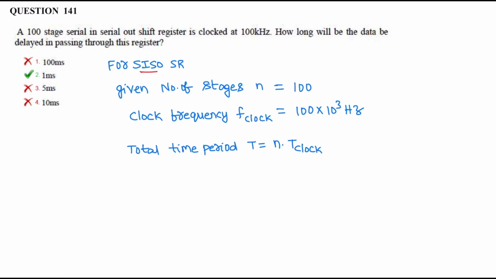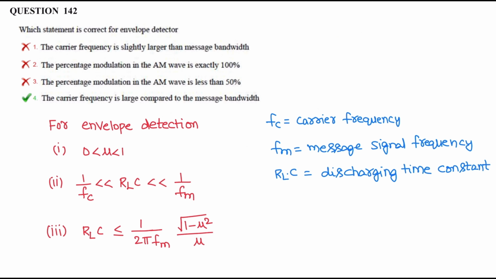Now the total time delay is n into T clock for a serial input serial output shift register, that is n value is 100 and the clock time period is 1 by frequency of clock, 1 by 100 into 10 cube, so that is 1 millisecond. Correct answer is option 2.